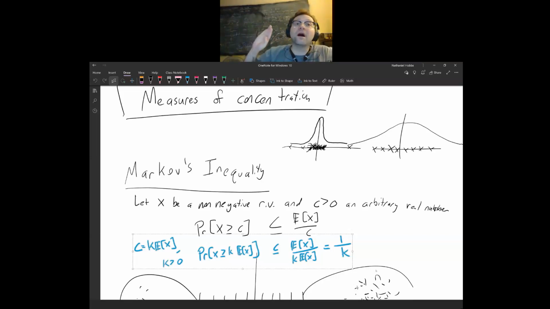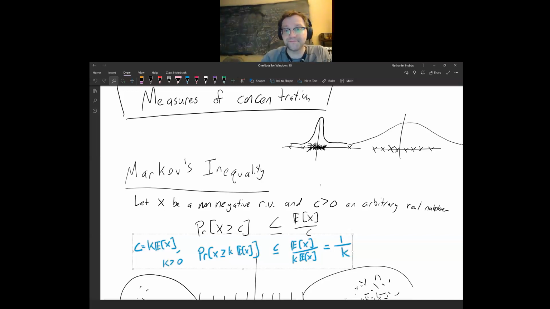If you want to be 100 times away from the expected value, then the probability is at most 1 over 100. Not to say that it can't happen, it could happen, but the further and further away you go from the expected value, the smaller and smaller the probability becomes.